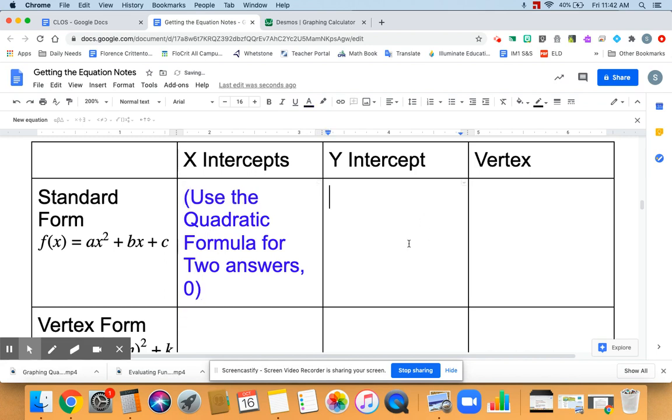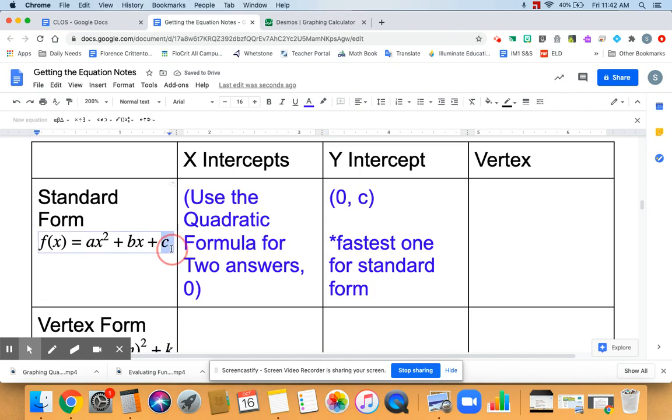For the y-intercept from standard form, it's going to be really easy. It's just going to be 0, comma, and once you plug in 0, the answer is always going to be this c at the end. So it's just 0, comma, c. This is the fastest one for standard form. It's just 0, comma, the last number. It's really fast.